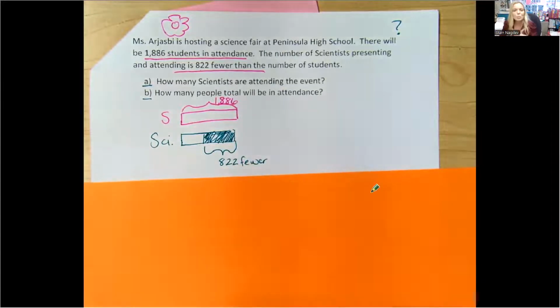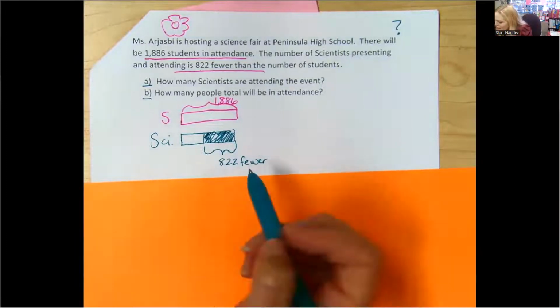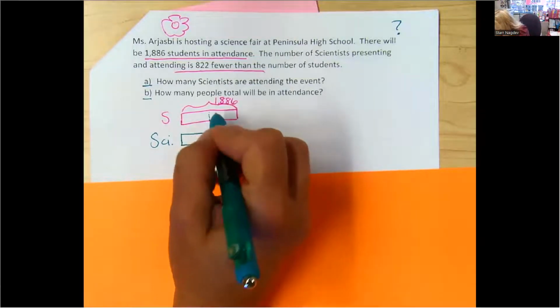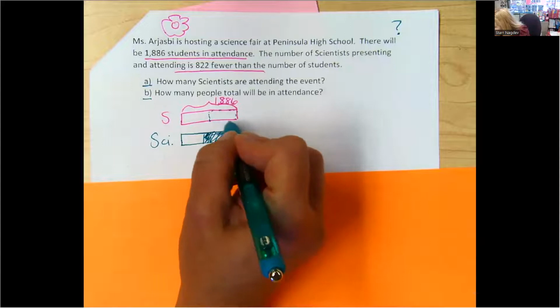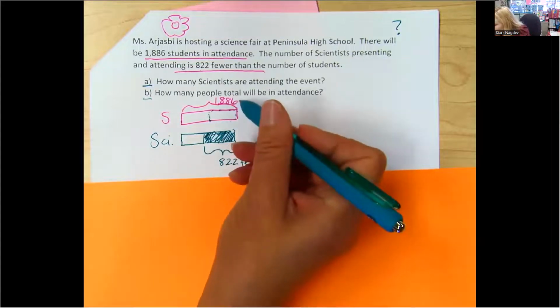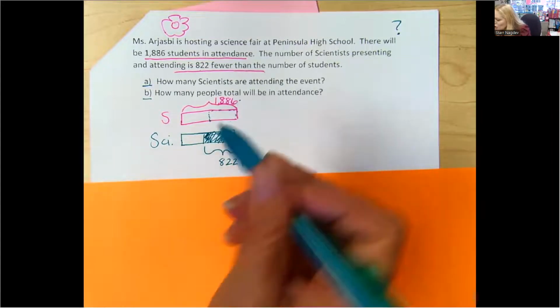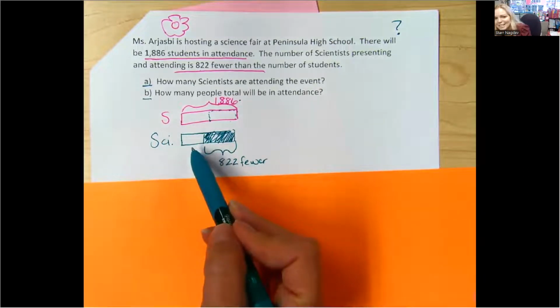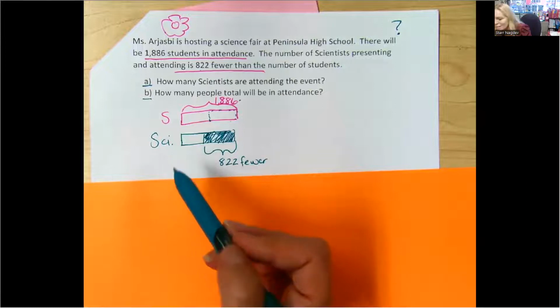And what's the clue word with fewer? Well, it means to subtract, right? So I know that if I subtract this amount, imagine that being up as part of this model here. If I take that amount away from the total, it should tell me the value of this amount left over for the scientists, right? Can you guys see that?